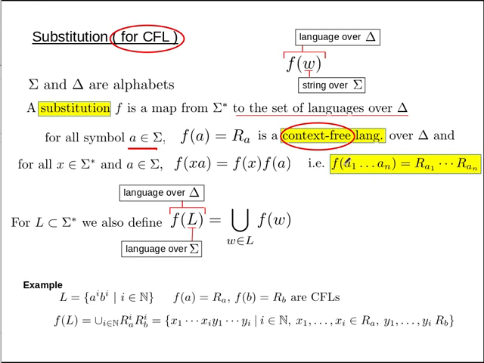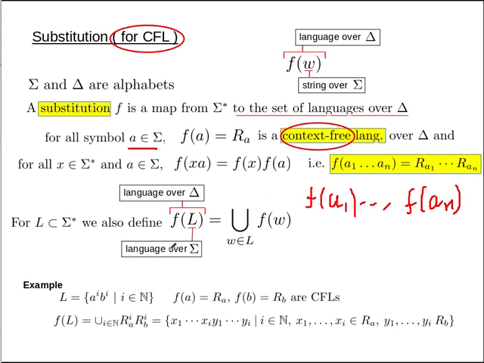So f of a1 up to an will be the concatenation of f of a1, dot dot dot, f of an, where each f of ai maps to some language R ai.